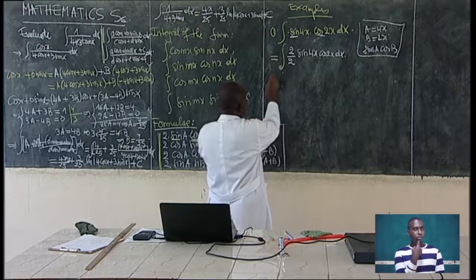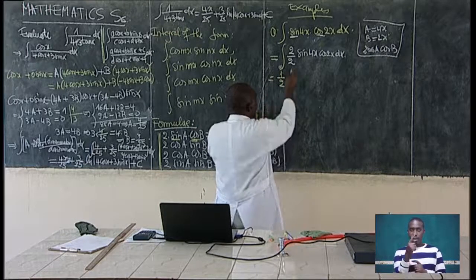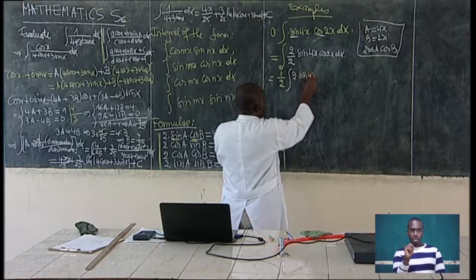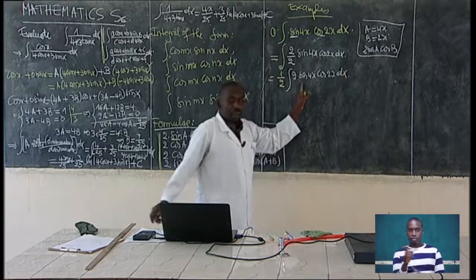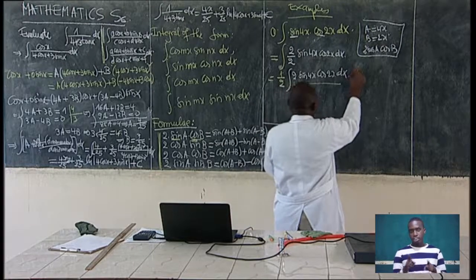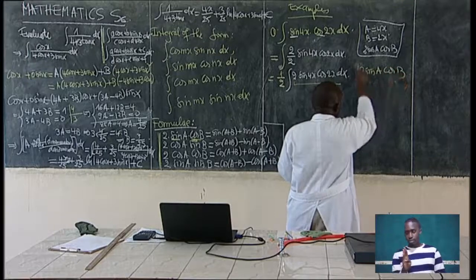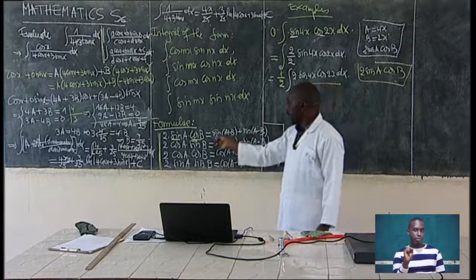So this is equal to a half, then the integral of 2 sine 4x cosine 2x dx. And this is given: it is like 2 sine A cosine B.